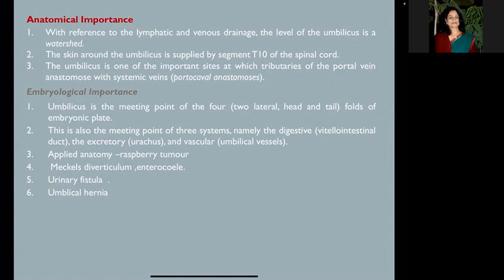Then the umbilicus is one of the important sites of portosystemic anastomosis.